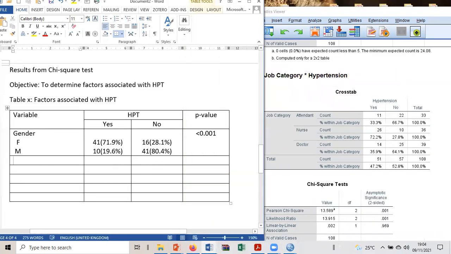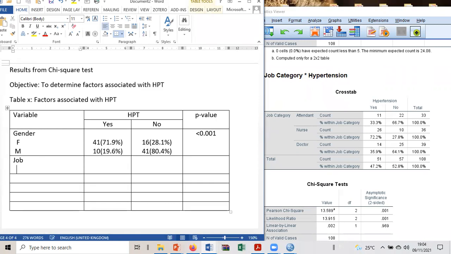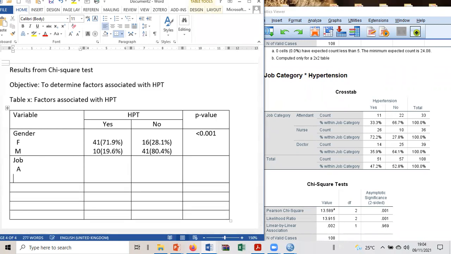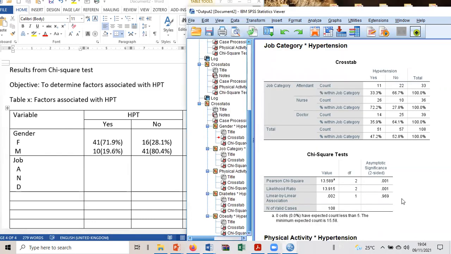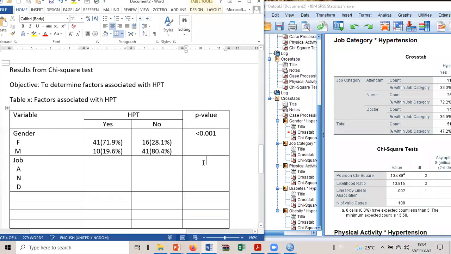Job category: attendant, nurse, doctor. You fill up these values, just put in the p-value less than 0.001. You fill up all the values here.